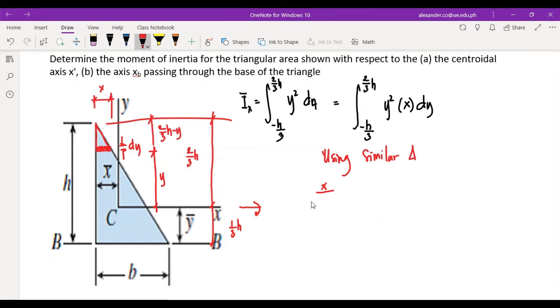This is equal to the bigger triangle, whose base is b and height is h. So what is x? It is simply b over h times this quantity, 2/3 h minus y. You just have to substitute this value into x.